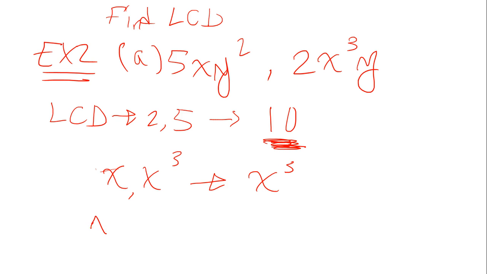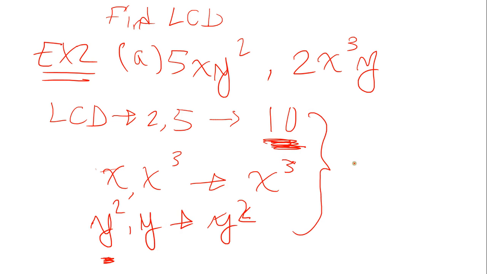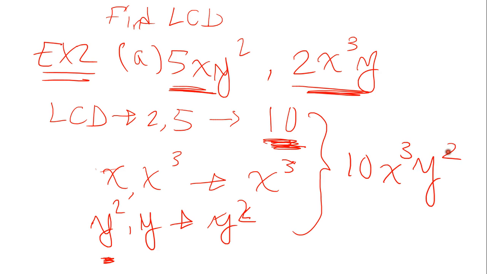And if I look at my y's, the lowest y that has both of these in common is going to be the larger of these two, which is going to be y squared. So my final result for the least common denominator for these two terms is going to be 10x cubed y squared. And that's all there is to that.